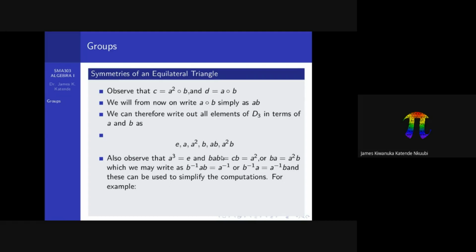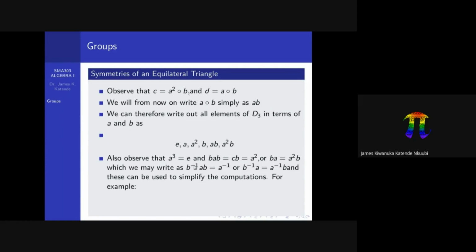Since B is its own inverse, we can multiply both sides by B inverse here and B inverse here. B inverse is the same as B, so you can just write it as B. So if you multiply both sides by B, you end up with BA is equal to A squared B. So that's one other useful relation.